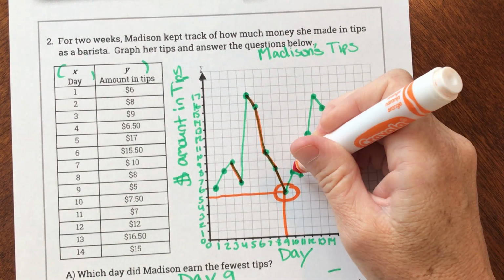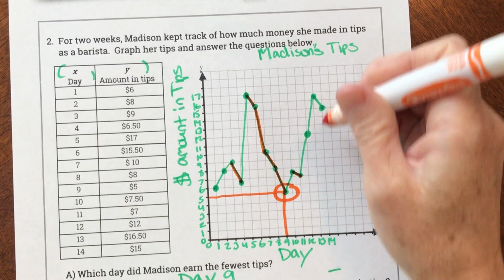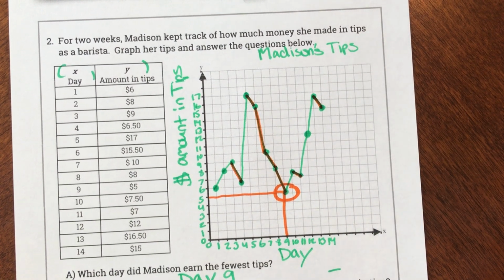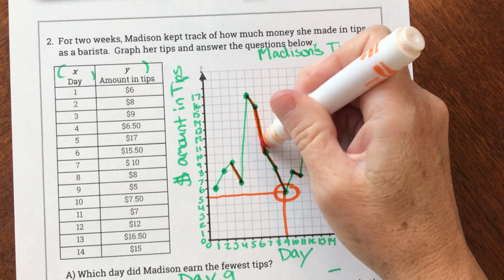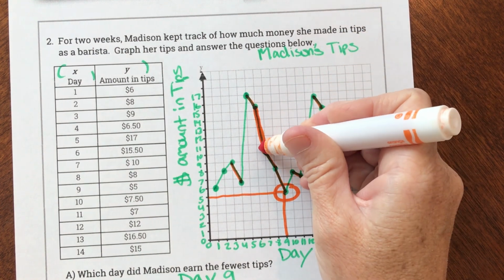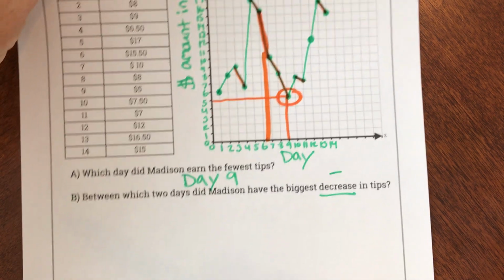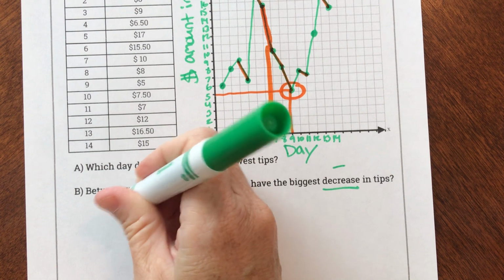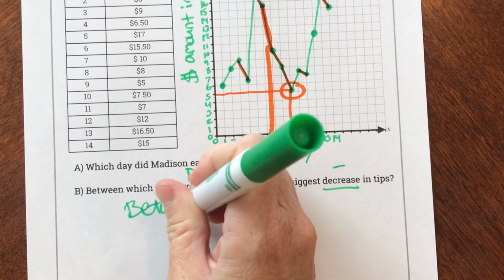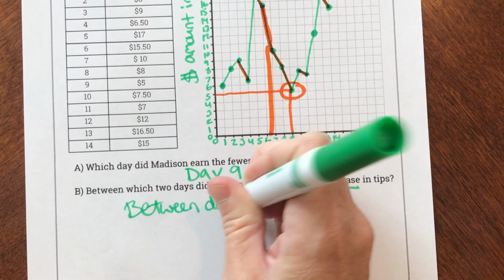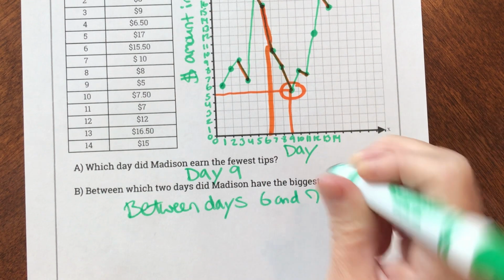Drop, drop, drop, and drop. So which drop was the largest? I hope you're seeing right here. This was the largest drop right there. And what days was that? It was between days 6 and 7. So that would be how we would answer that. We could say between days 6 and 7.